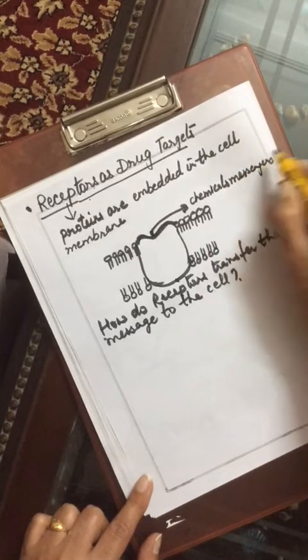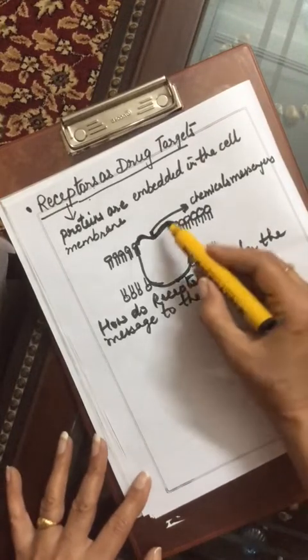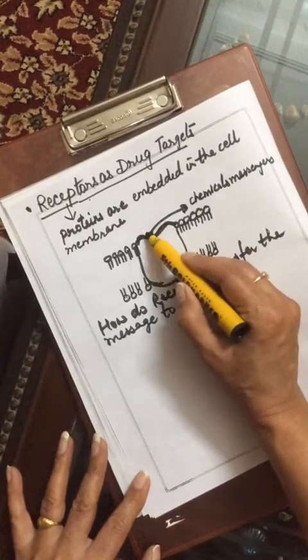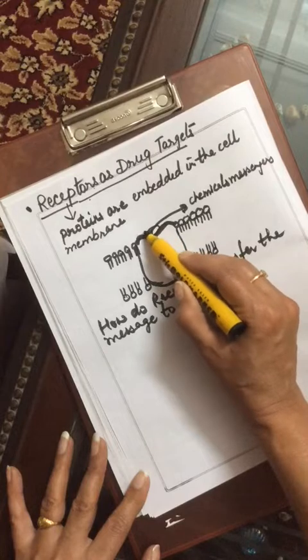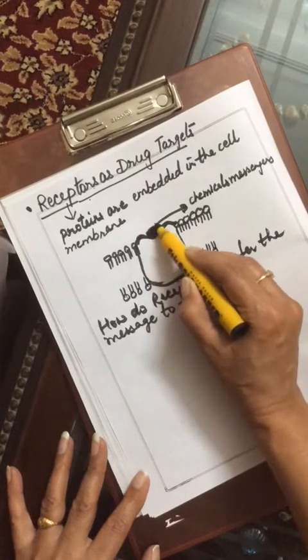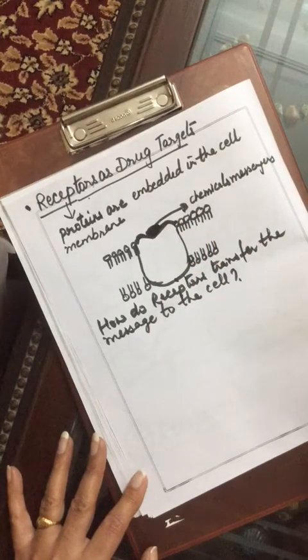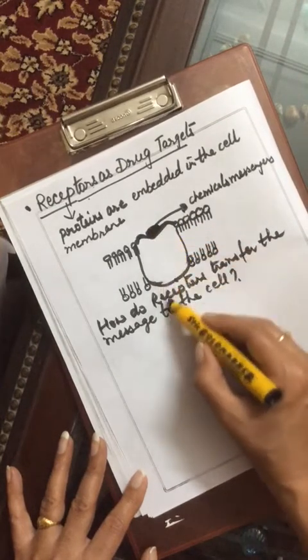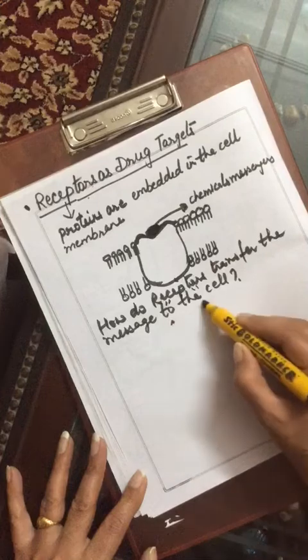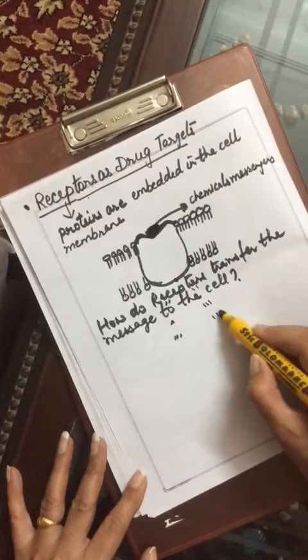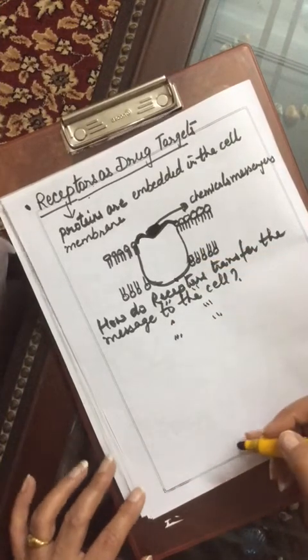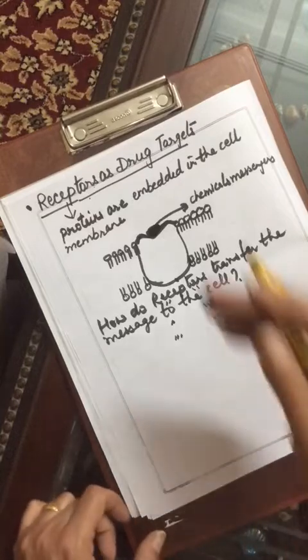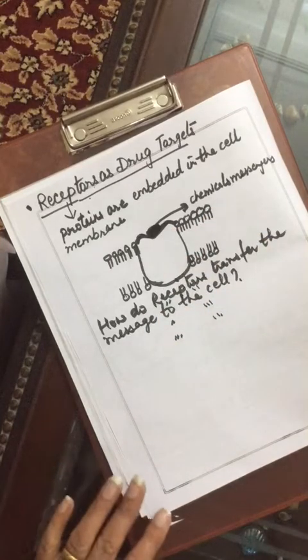Messengers means these chemicals have some message. That message these chemical messengers will give to the receptor when they bind here at this active site. And that message from the receptors will go to the neurons, from one neuron to the other neuron, or from neuron to the muscles. The communication system will work like this.